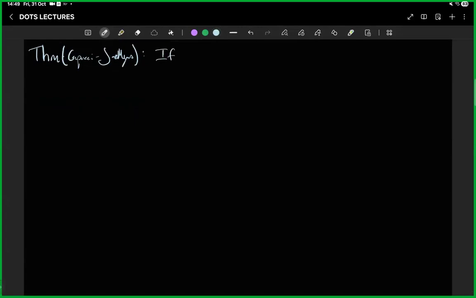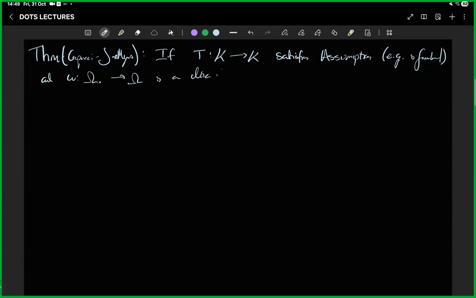Okay, I'll present it like this: if T on K satisfies my assumptions, and e.g. is familial, and this U omega dot to omega is a discrete opfibration for K, then, I don't know how I want to be about this.